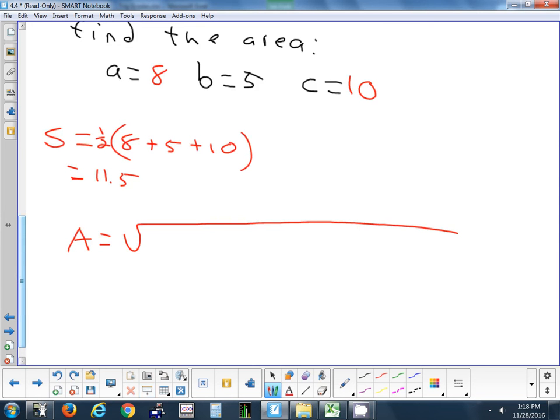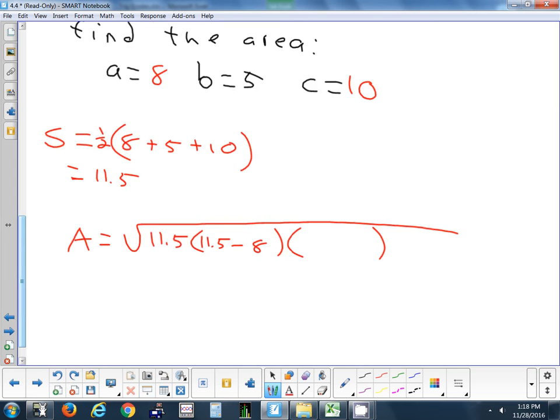It's that calculation, but simplified. 11.5. 11 and a half, yep. So that's S. Okay, and Francis, what comes next? You do S times A, or is it S minus? Minus. Minus A. So S minus, yep, 8.